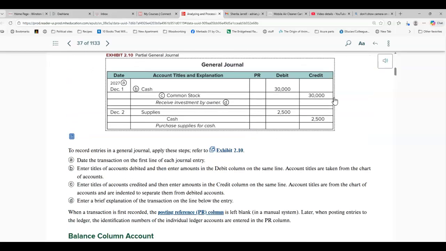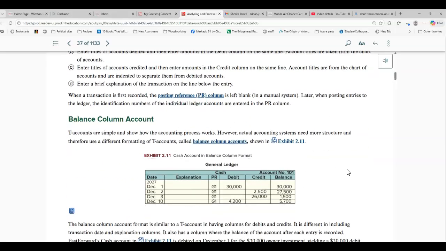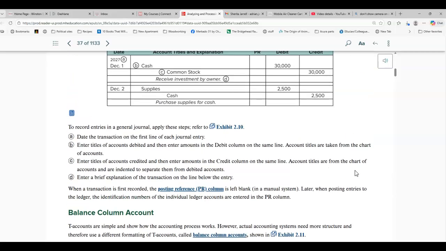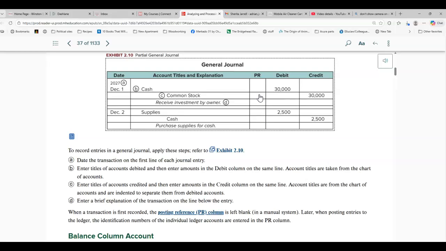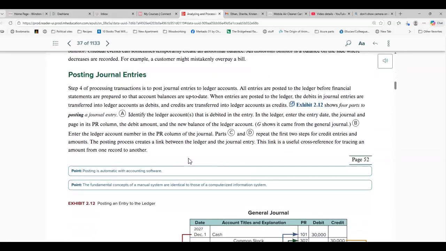And then I'm going to post to the common stock account, and I would find the common stock account. It's going to be a 300 account. Post that, it'll be a credit of $30,000, the date and everything, and then I would put G1 in that account, and then put number 301 or whatever that account number is in the journal. Posting journal entries, here they talk about it.